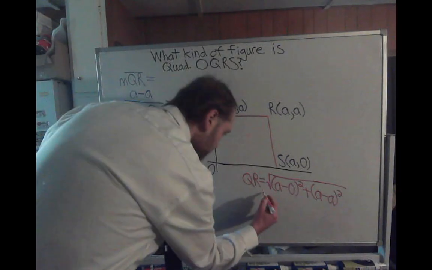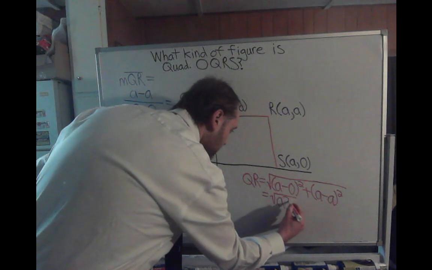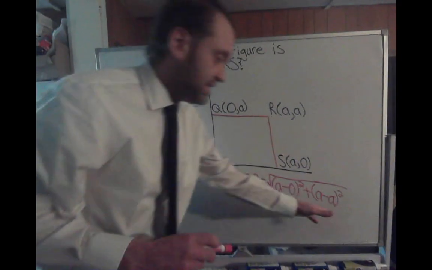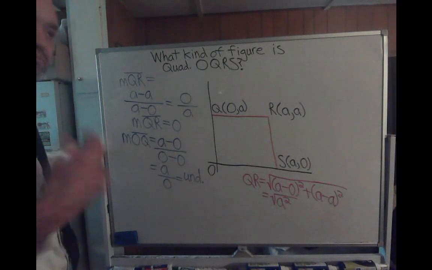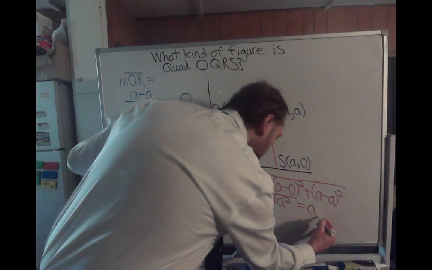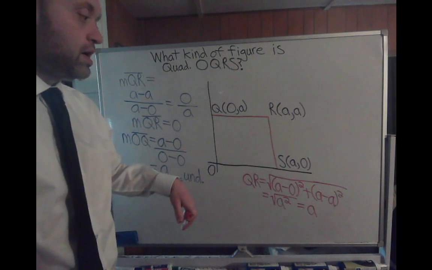A minus 0 is just A, so you get A squared. And then A minus A is 0, and 0 squared is just 0. So you have the square root of A squared, which would just give you a length of A for QR.